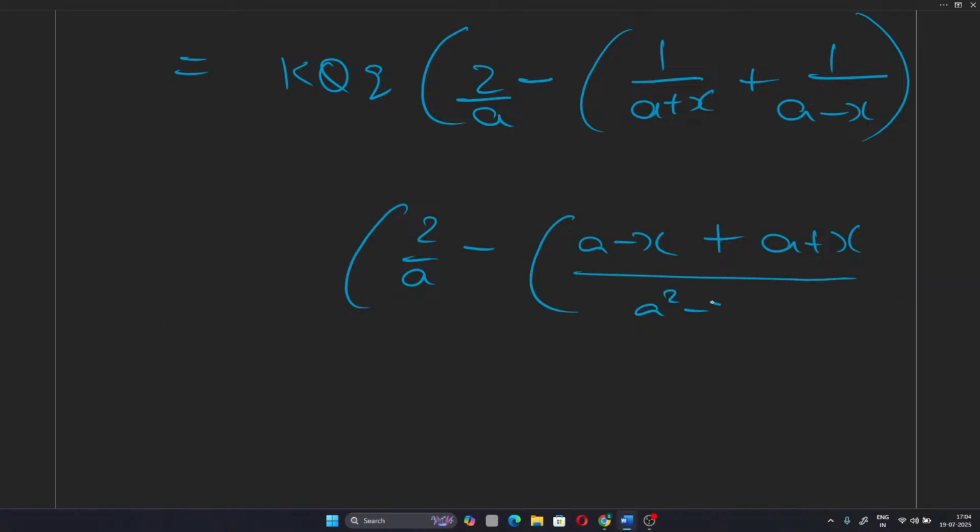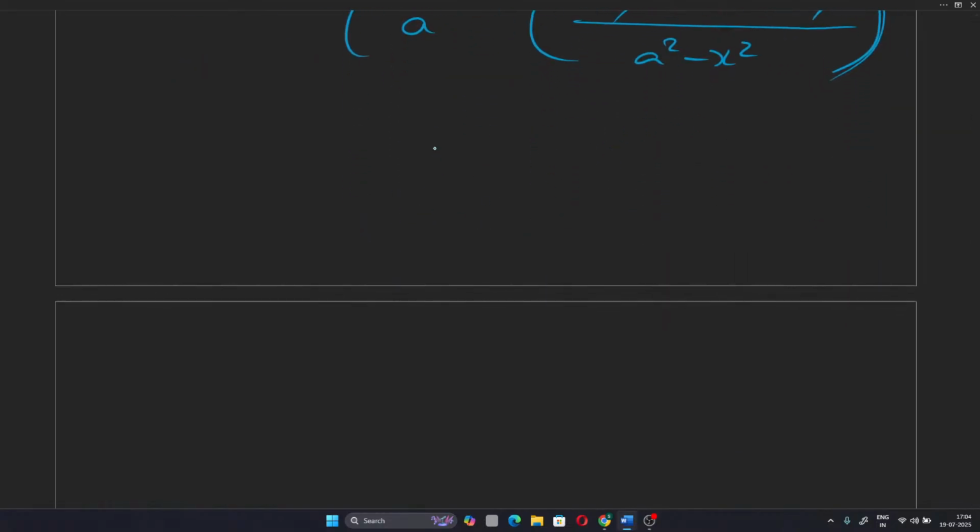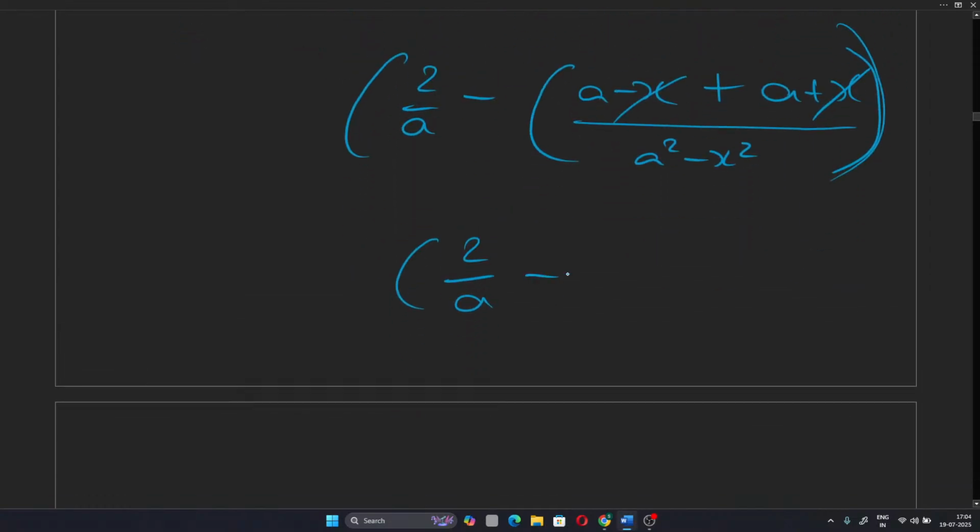A square minus X square. These get cancelled. It will be 2 by A minus 2A by A square minus X square.